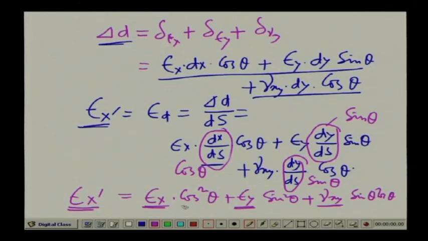Now, this expression for epsilon x dashed can be further simplified.